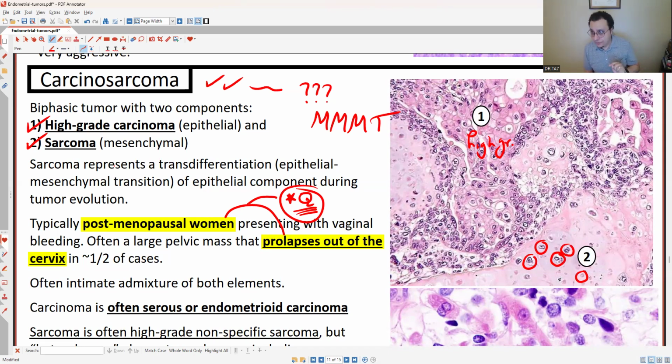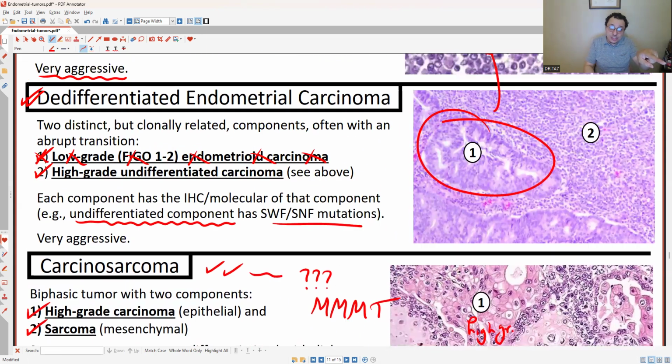They believe that carcinosarcoma is actually a mixed tumor arising from two separate lines, like the sarcoma has its own origin and the epithelium has its own origin. However, in dedifferentiated endometrial carcinoma, they believe that it was endometrioid, and this is what underwent dedifferentiation and made the dedifferentiated part.